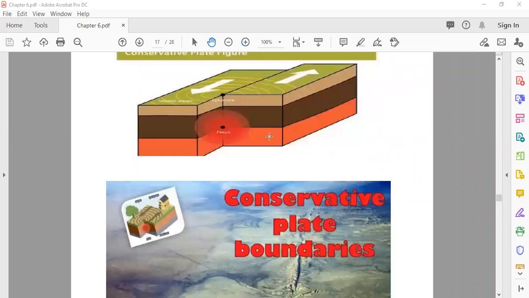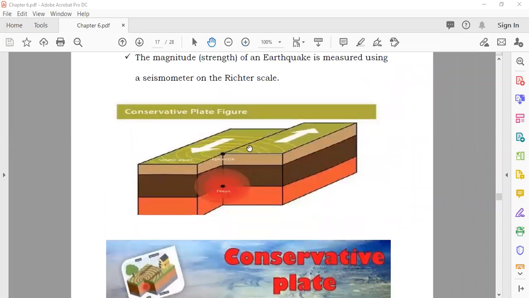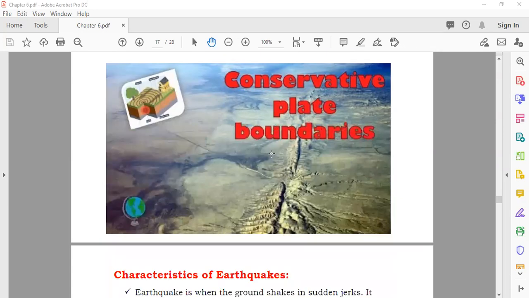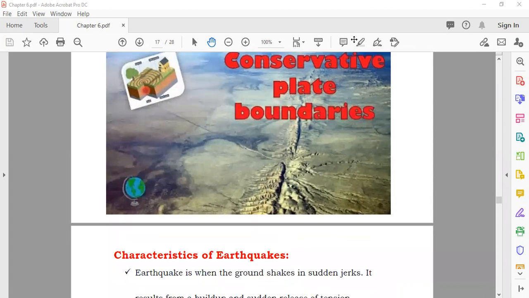You can see this one here. They are moving, one is moving this side, the other is moving this side. In the real diagram, you can see them like this. See, this is conservative.